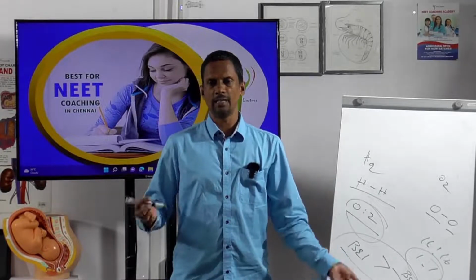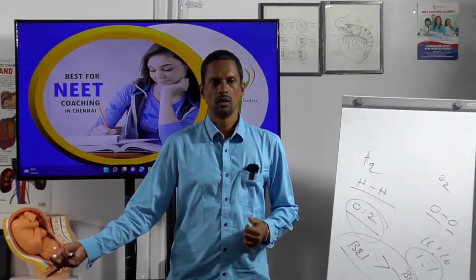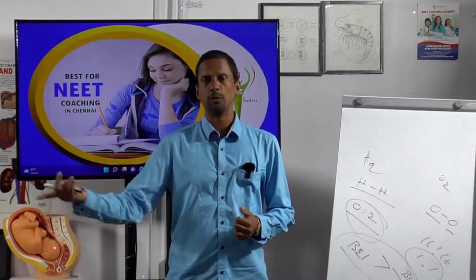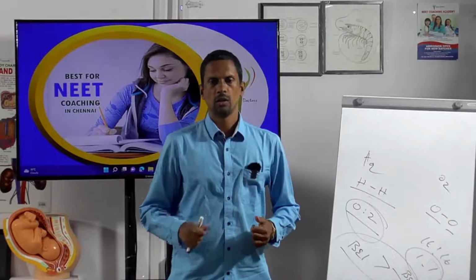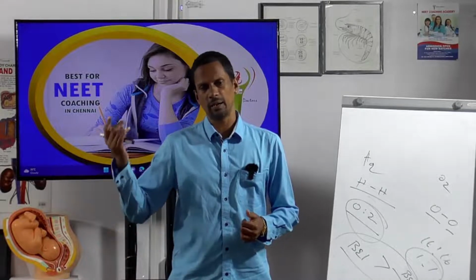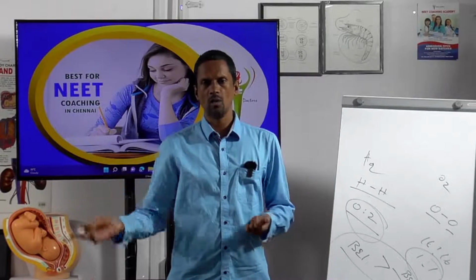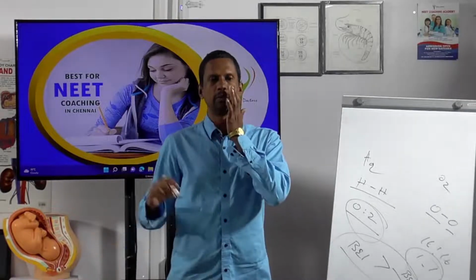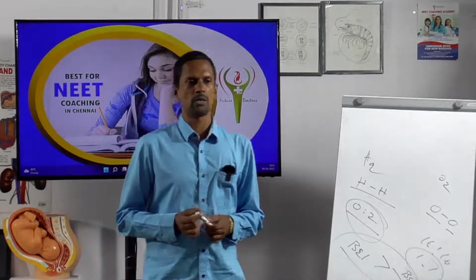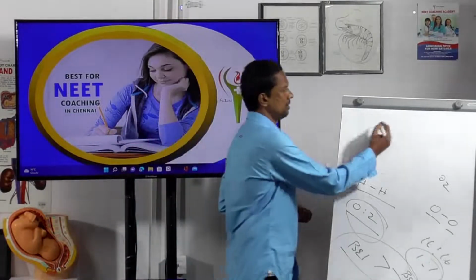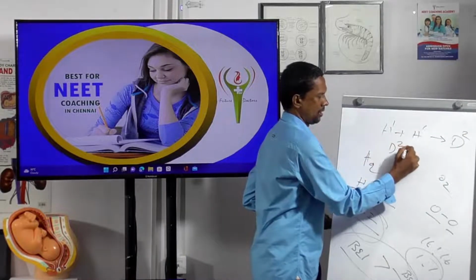If two hydrogens combine, the final hydrogen is H2, which we call D2. Now I take D2 and add one more hydrogen. It's H3, which is nothing but T3, tritium. So hydrogen is converted into deuterium, and deuterium is converted into tritium. For that, what is the process? Combining two hydrogens, tritium.